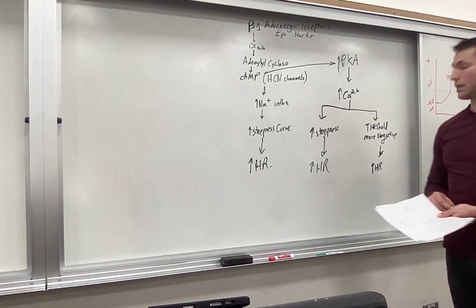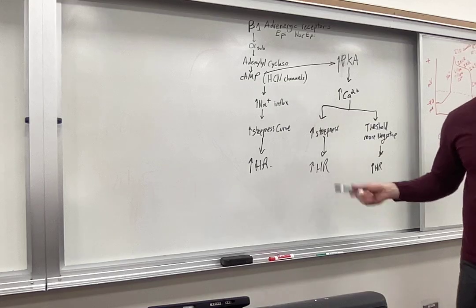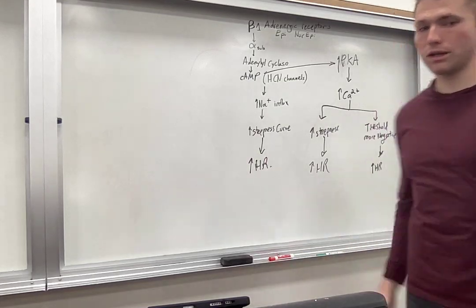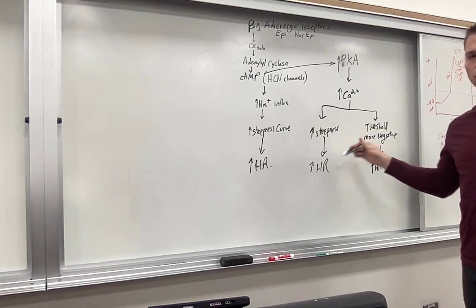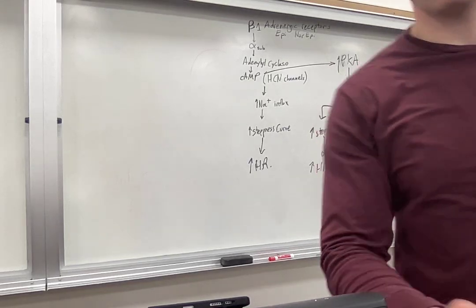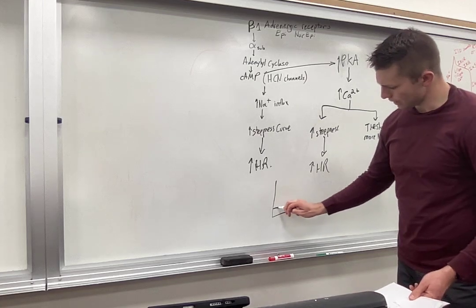Honestly, I don't understand this part, and I kind of think it's a typo. I think it's wrong, but that's what I learned in my textbook. I was going through it, but couldn't really break down why it makes the threshold more negative. Here's RMP, right?